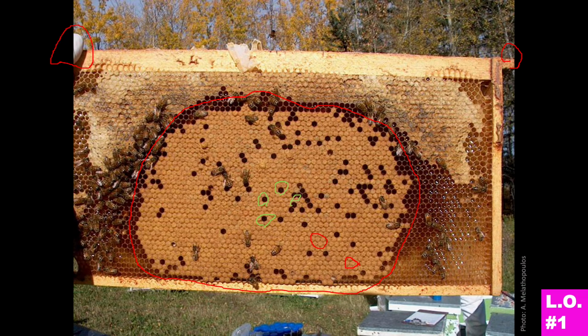The most important thing to take home here is that this is a normal appearing frame with most of the cells filled with brood, either capped or uncapped. So very few cells without any brood inside. And then you can see that in the periphery, this is where the bees would store their resources, those being honey or fermented pollen, also referred to as bee bread by beekeepers.